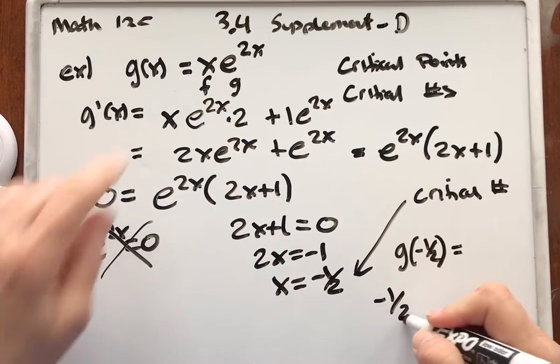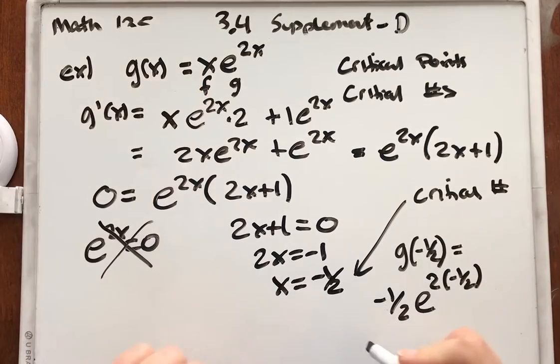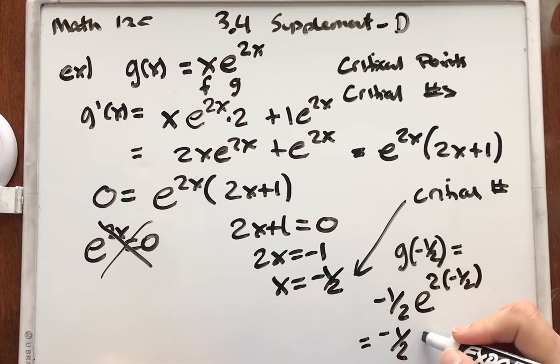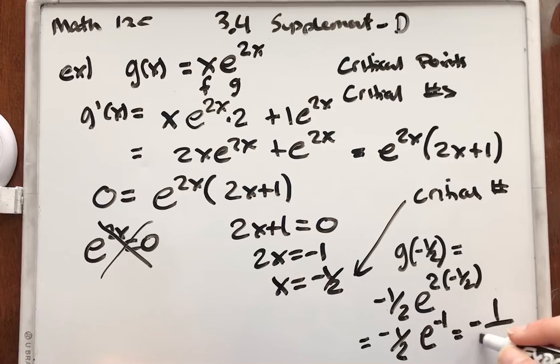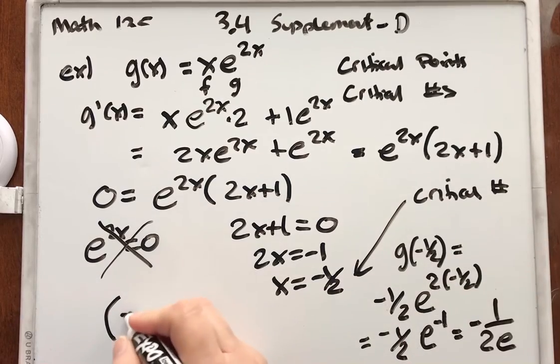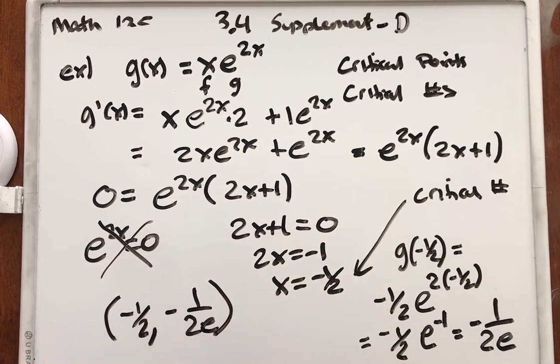We have negative 1/2, e to the 2 times negative 1/2, and that's negative 1. This is just going to be e to the negative 1, and that's going to equal negative 1 over 2e, bringing that e down. So our critical point now is going to be, our input was negative 1/2, our output was negative 1 over 2 times e.